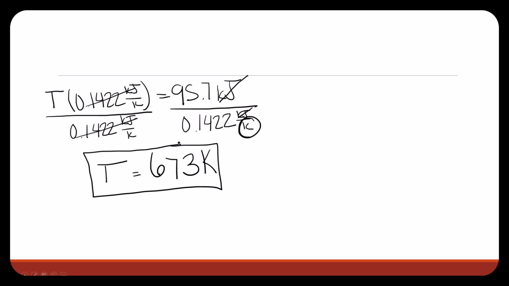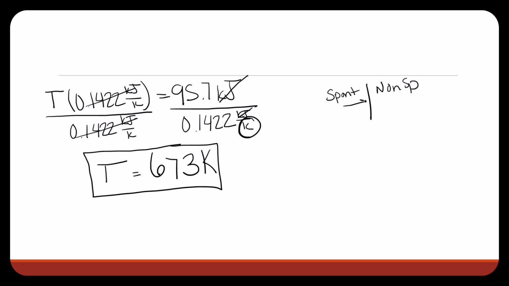So we determined the temperature at which delta G is 0, that moment that it goes from spontaneous to non-spontaneous.